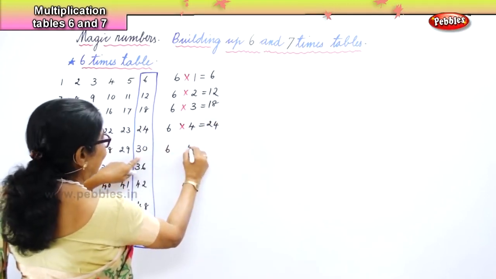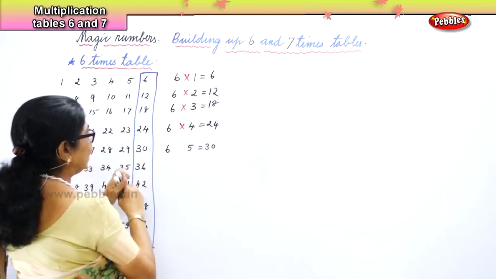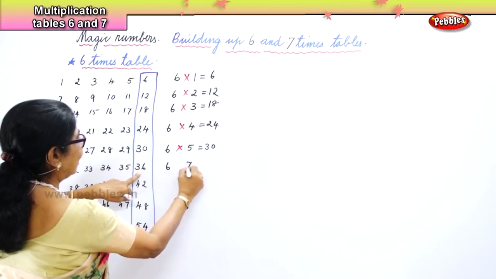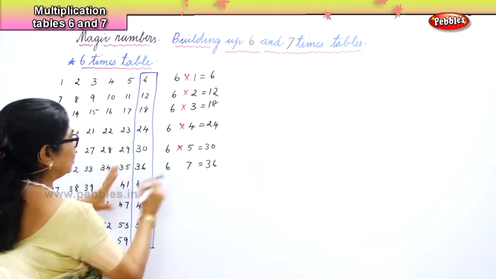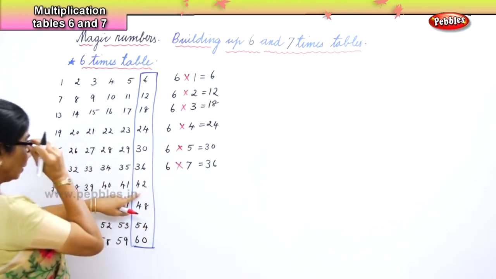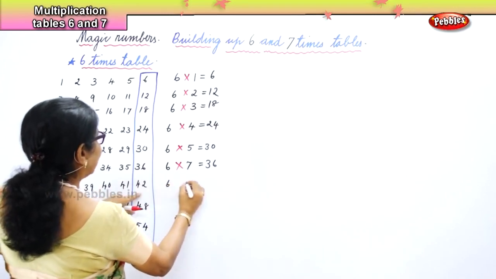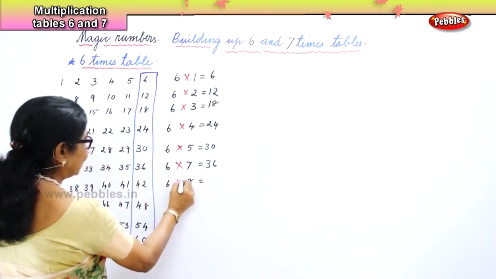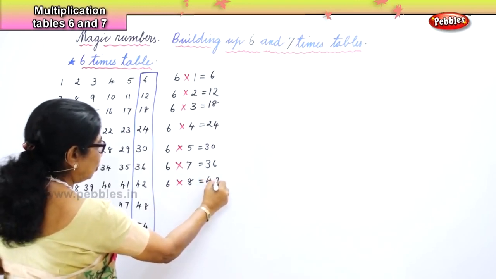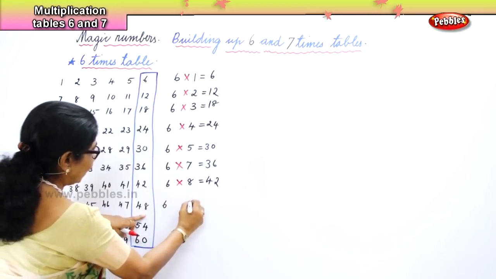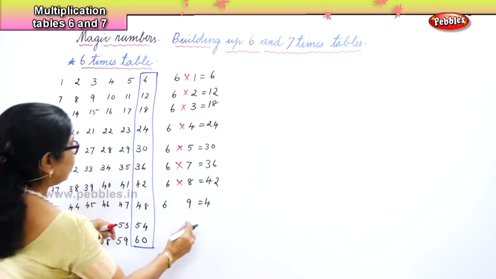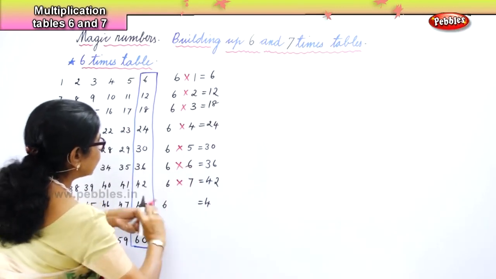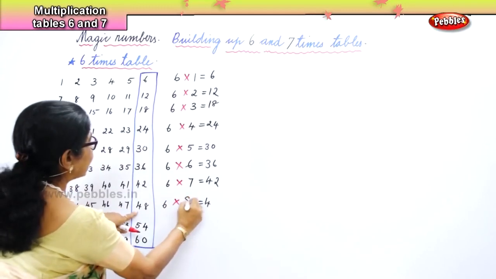Next, 6 fives are 30. 6 sixes are 36. 6 sevens are 42. 6 eights are 48.